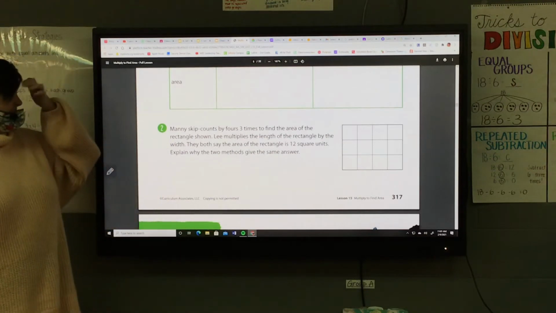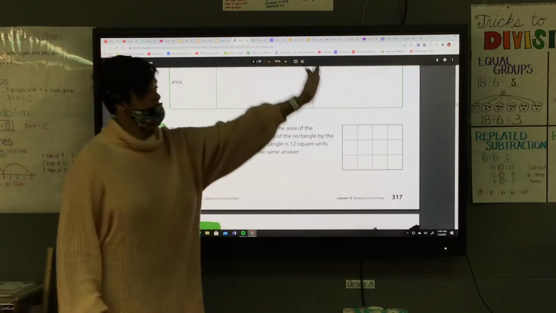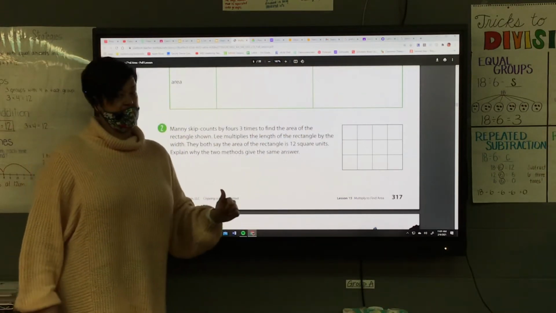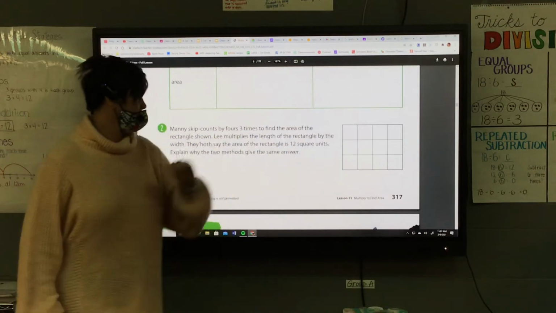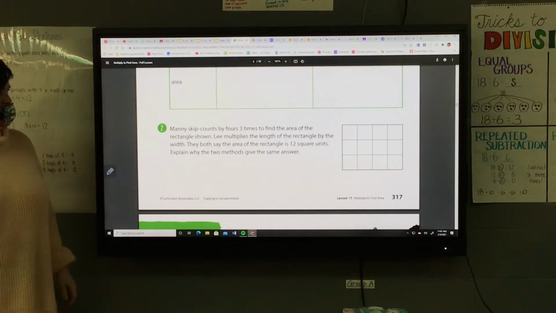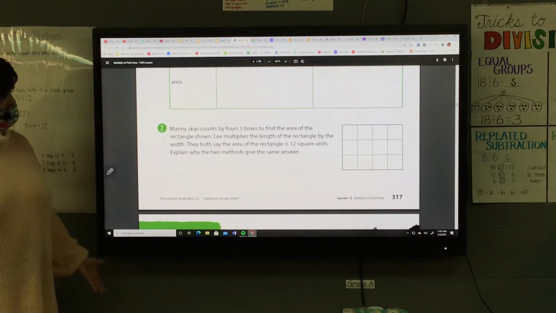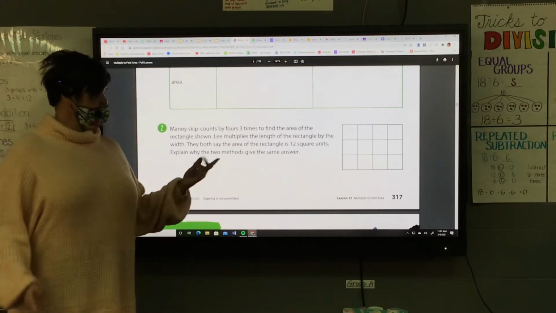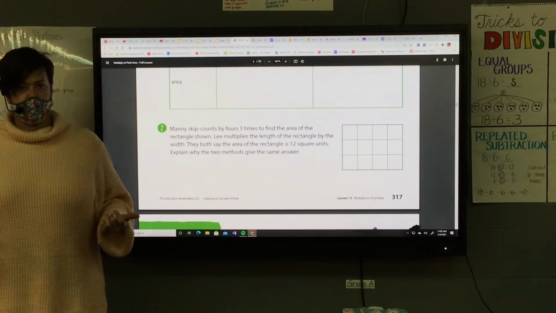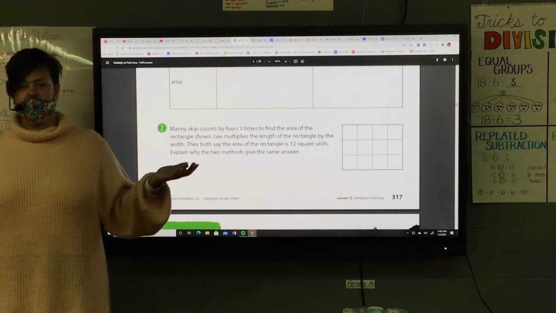So Lee multiplies the length of the rectangle by the width. So 4 times 3. They both say the area of the rectangle is 12 square units. Why did both of their methods give us the same answer? Why are they both right?